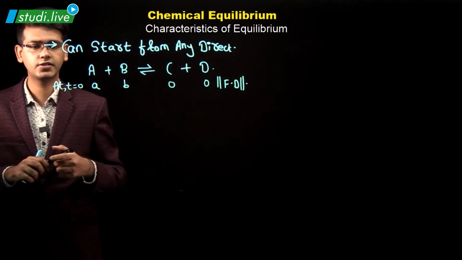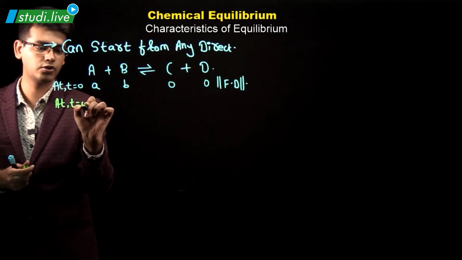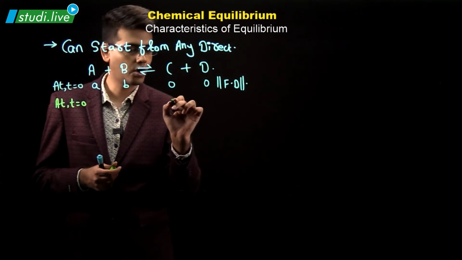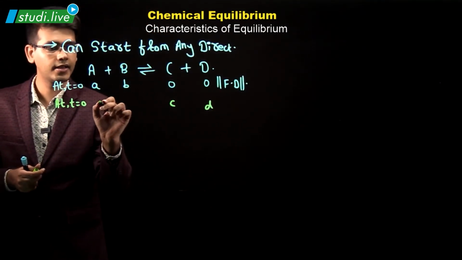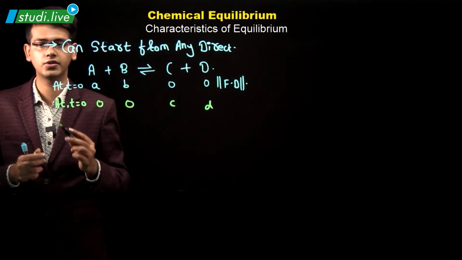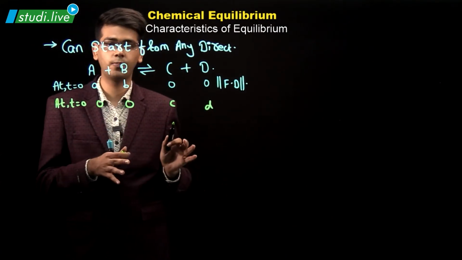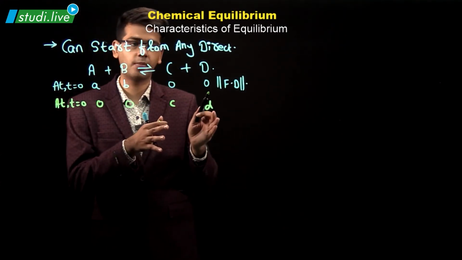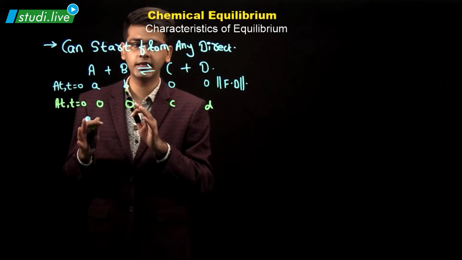Now, this reaction can also start from C plus D. So let's say again at t equal to 0, we have small c moles of C and small d moles of D, and at that point A and B will have 0 moles because the reaction has just started, and C plus D is the initial point where the maximum amount of substance will be C and D, and A plus B will be 0.